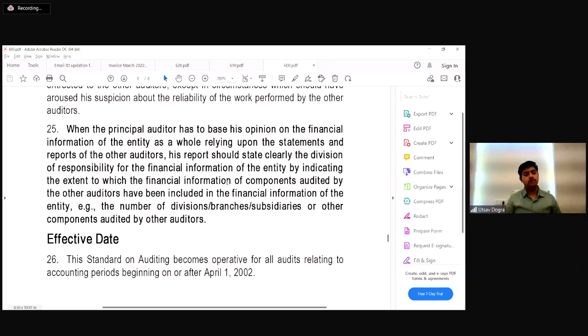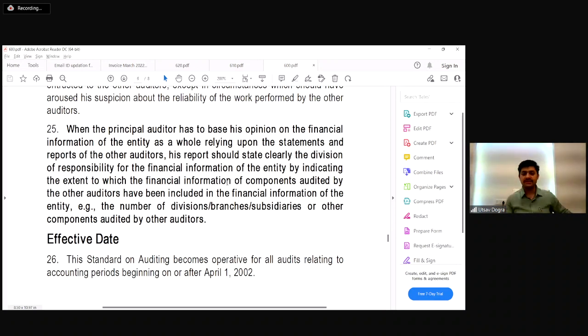This is what I spoke about before. In the other matter paragraph, as per SA 706, the principal auditor must write how many branches and how many subsidiaries and joint venture balance sheets have not been audited by the principal auditor. It must be clearly mentioned. So the context of the 25th para is coming from the context of the 24th para itself, the responsibility of the principal auditor. So this ends SA 600.